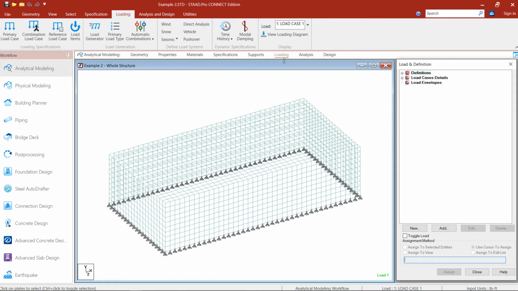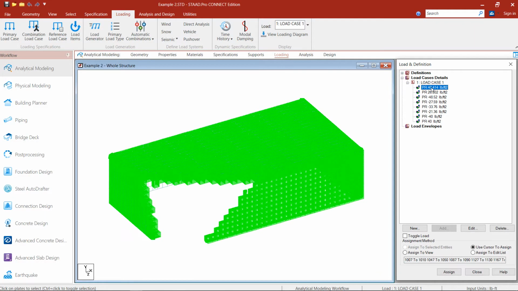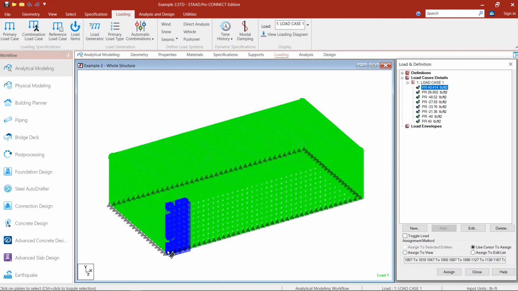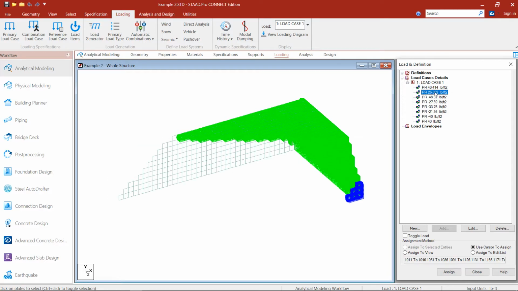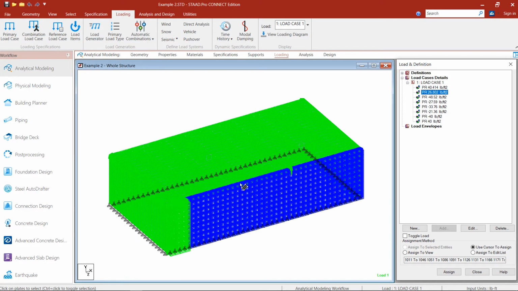Now I'll show you the loads which I have already applied. For example, this load case. As you can see in blue, this is the area where it is zone A, and the value calculated was 40.411. Second is this area which is zone C, and all this load is applied over here.